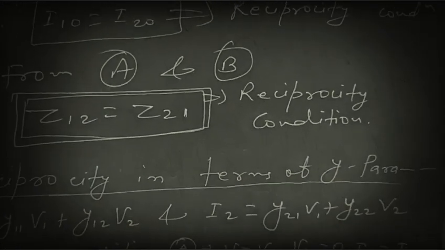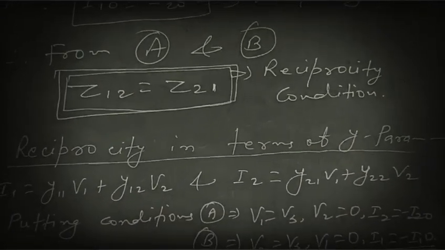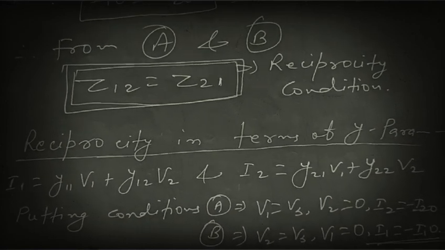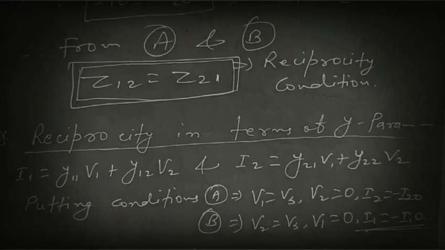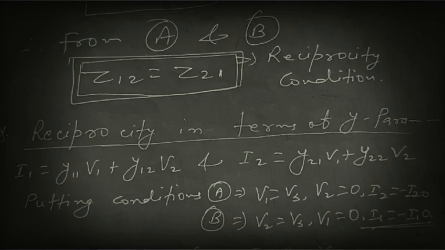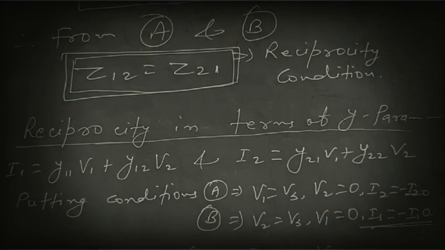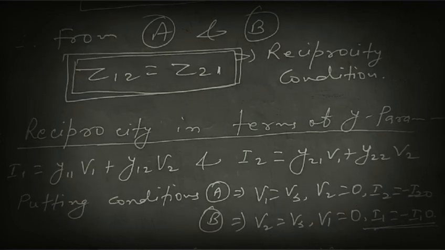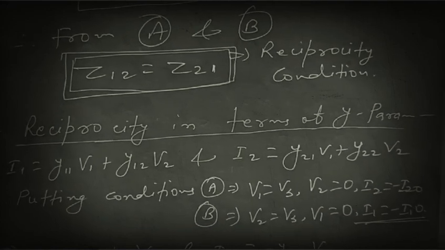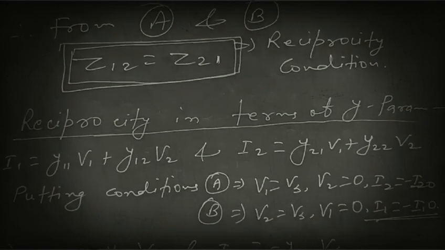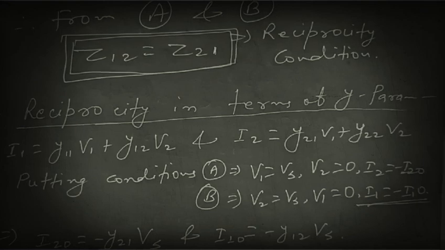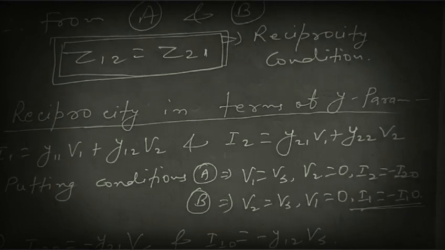Next is the reciprocity condition in terms of Y parameters. So we write the equations of Y parameters. I1 equal to Y11 into V1 plus Y12 into V2. Similarly, I2 equal to Y21 into V1 plus Y22 into V2. Again we put the condition of figure A, that is V1 equal to Vs, V2 equal to 0 and I2 equal to minus I20, and the condition of figure B is V2 equal to Vs, V1 equal to 0 and I1 equal to minus I10.